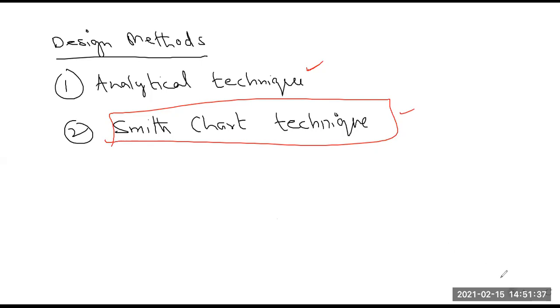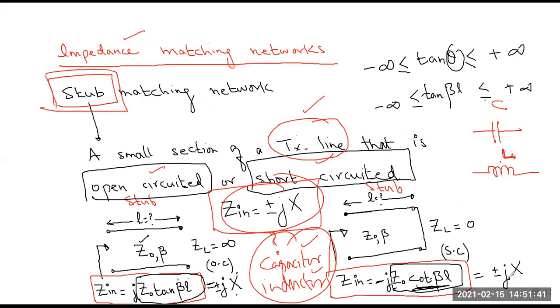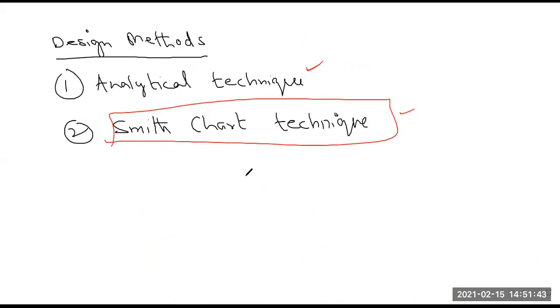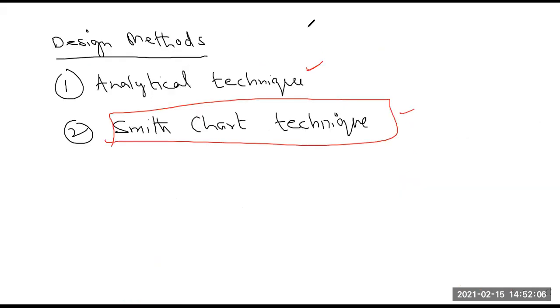Okay, that's good. So let me just draw it again. Why do these two parameters have importance in matching this circuit? The ultimate goal, why I am using a single stub, is so that my circuit gets matched. So let's find out what the role of D and L will be.